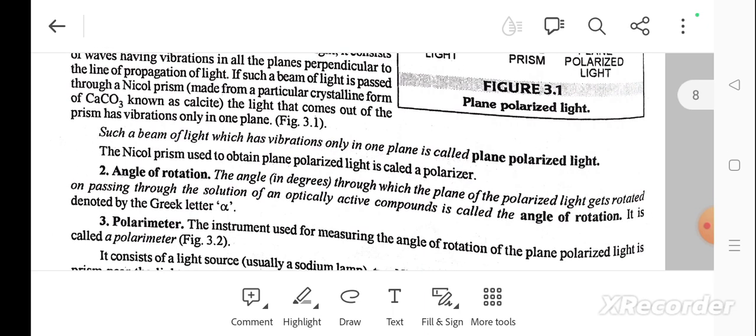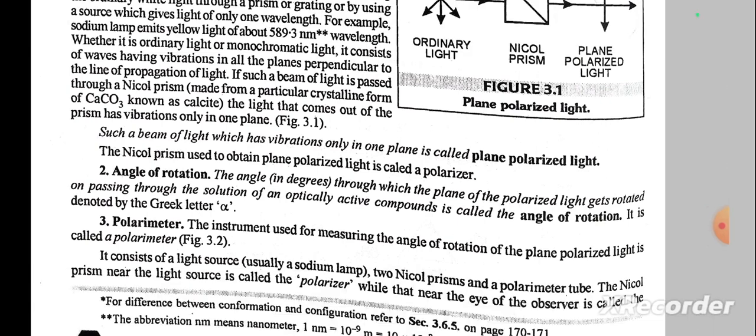Such a beam of light which has vibration only in one plane is called plane polarized light. A Nicol prism used to obtain polarized light is called a polarizer.